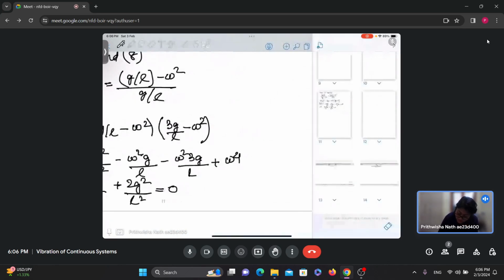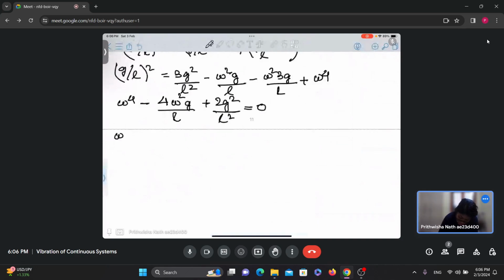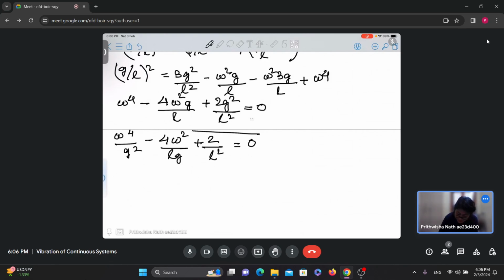Now if we divide it by g square, this equation becomes like this. Now this is my final equation. From this equation we get the value of omega 1 and omega 2.